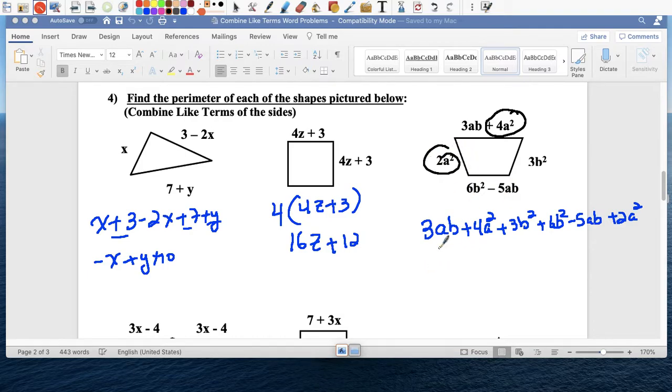So it's 2a squared and 4a squared. It's going to give me 6a squared. And then another squared, we got 6b squared. We're going to add that to 3b squared. I'm going to get 9b squared. And then we're going to do 3ab minus 5ab is negative 2ab.